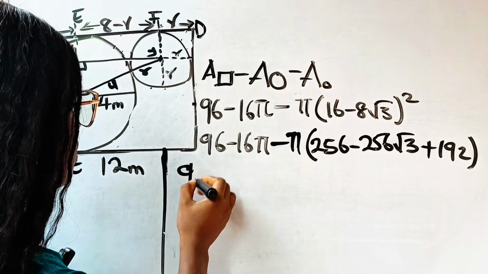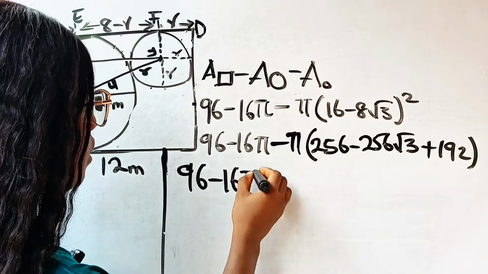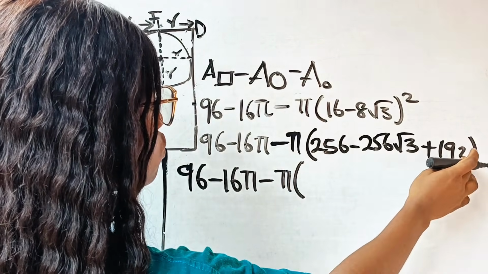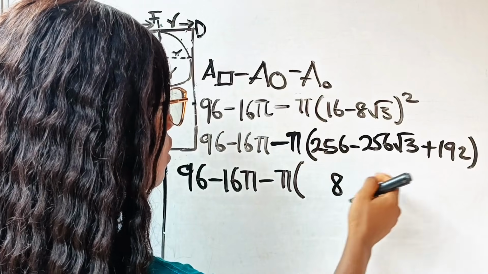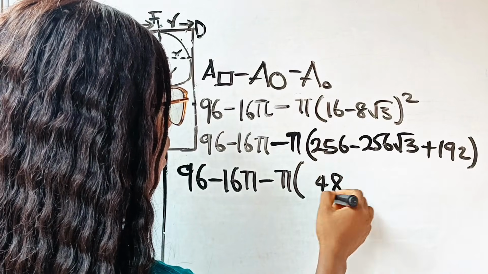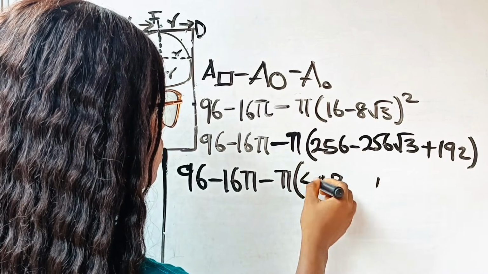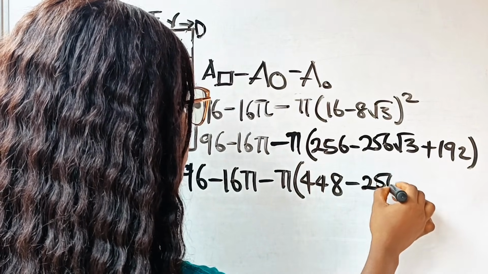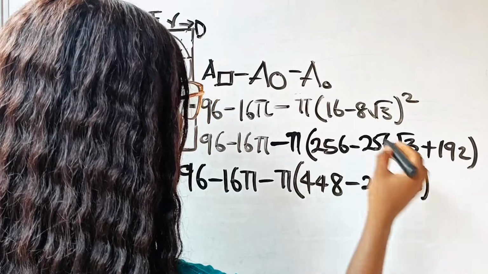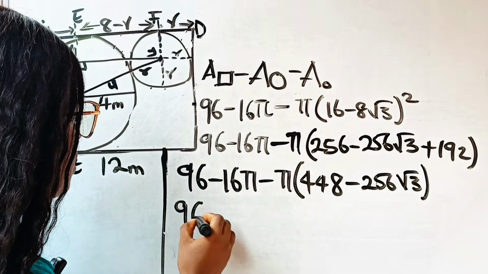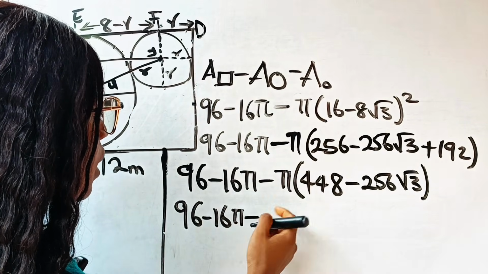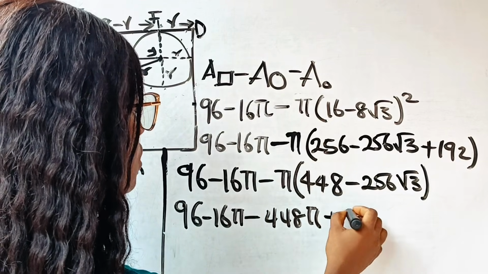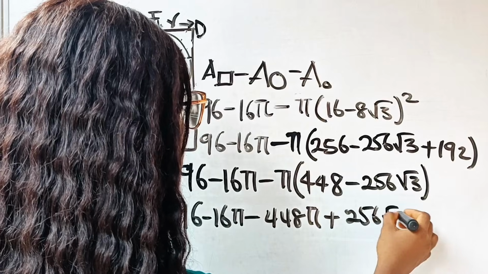So we have 96 minus 16 pi minus pi bracket. Now 256 plus 192. 2 plus 6 is 8. 9 plus 5 is 14. Carry 1. 1 plus 2 plus 1 is 4. So we have 448 minus 256 root 3. So we have 96 minus 16 pi minus 448 pi. Minus minus is plus, plus 256 root 3 pi.